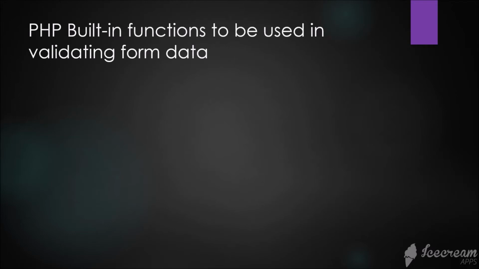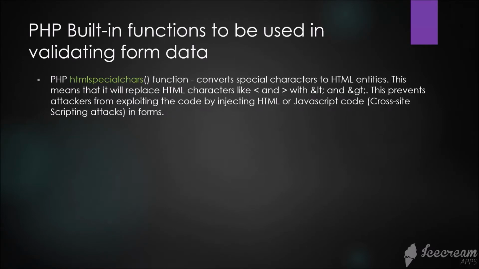Okay, so these are the PHP built-in functions to be used in validating form data. First, we have htmlspecialchars, which we used earlier, which converts special characters to HTML entities. This means it will replace HTML characters like less than and greater than with entities. This prevents attackers from exploiting the code by injecting HTML or JavaScript code, or cross-site scripting attacks, in the form.